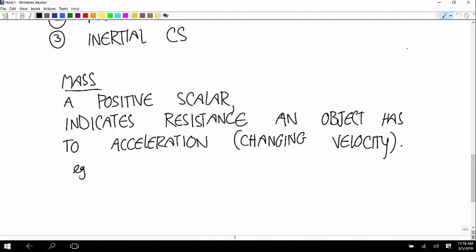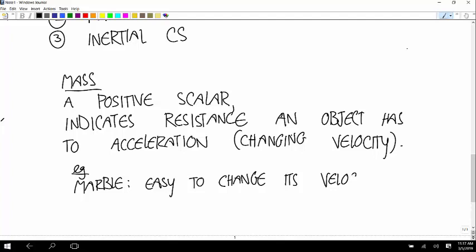For example, a marble: it's easy to change its velocity, and that is an indication that it has a small mass.